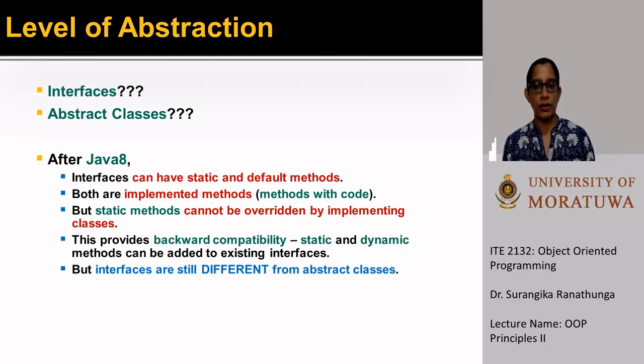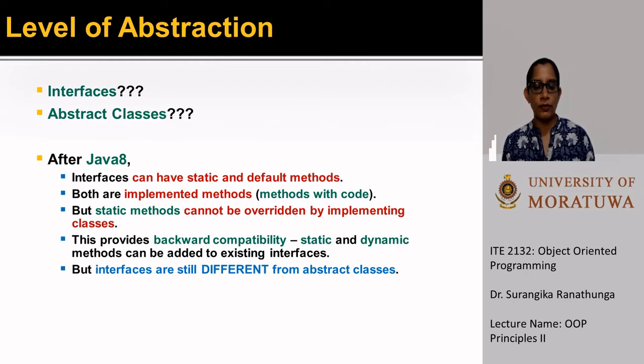Of course, if you are writing your own code, you can always go and add methods to the interfaces. But when the code is used by thousands of people worldwide, you can't simply add new methods to the existing interfaces. To avoid this problem, they introduced the static and default methods.